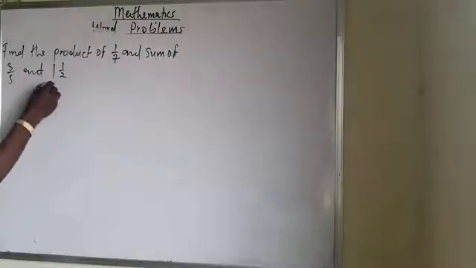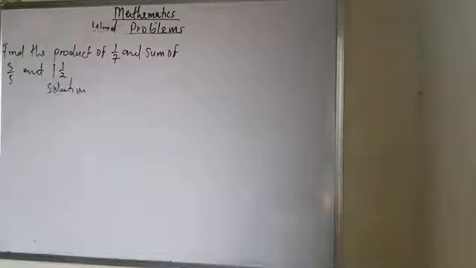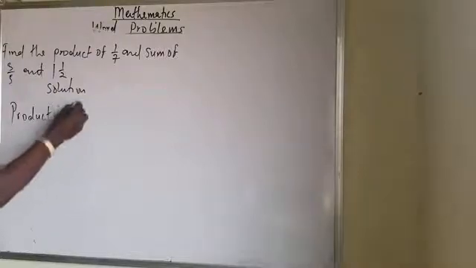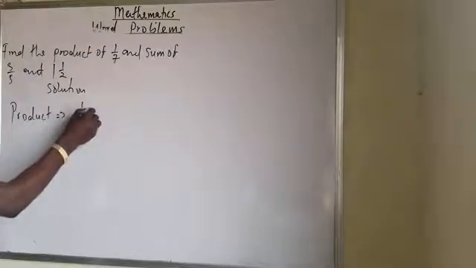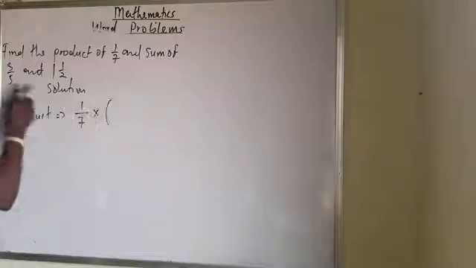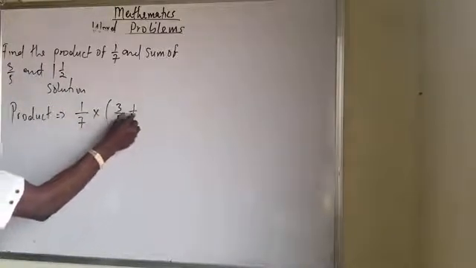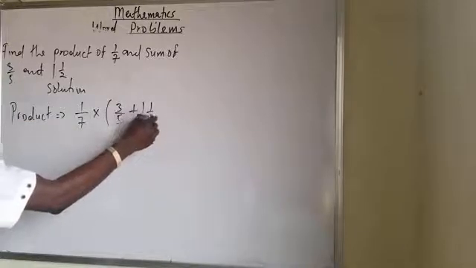Now, solution to this problem. The first thing I will do is find the product of that and the sum of this. It means 1 over 7 multiplied by the sum of these two, 3 over 5 plus 1 over 2.